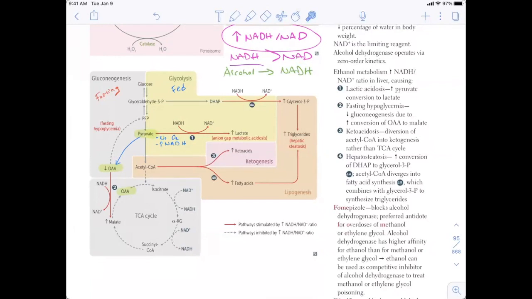So one of those reactions is in the glycolysis process, where glycerol is yielded, but glycerol can get converted to triglycerides, because glycerol is the head of your triglycerides. Your triglycerides are glycerol and 3 fatty acids. So NADH pushes you towards that.